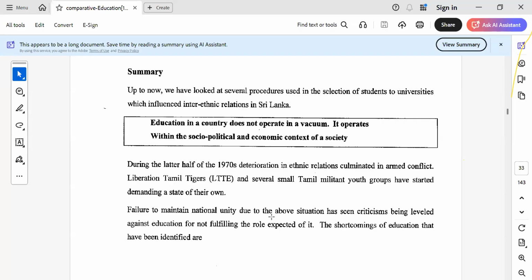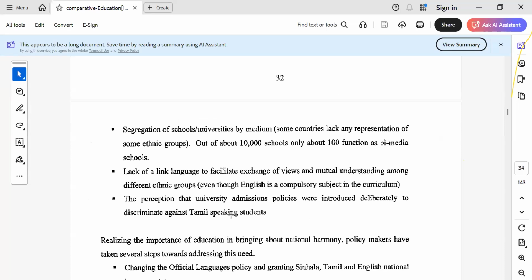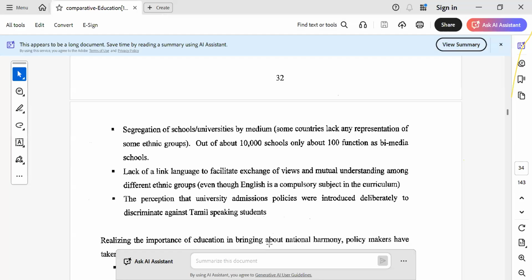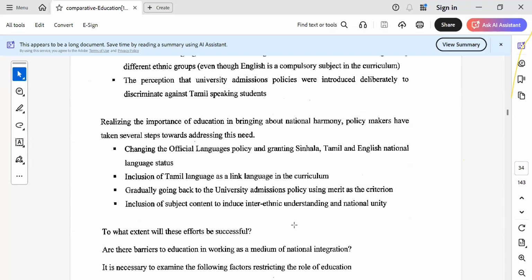The shortcomings of education that have been identified are segregation of schools and universities by medium, some countries lacking any representation of some ethnic groups, lack of a link language, and the perception that university admission policies were introduced deliberately to discriminate against Tamil-speaking students. And realizing the importance of education in bringing about national harmony, policymakers have taken several steps.